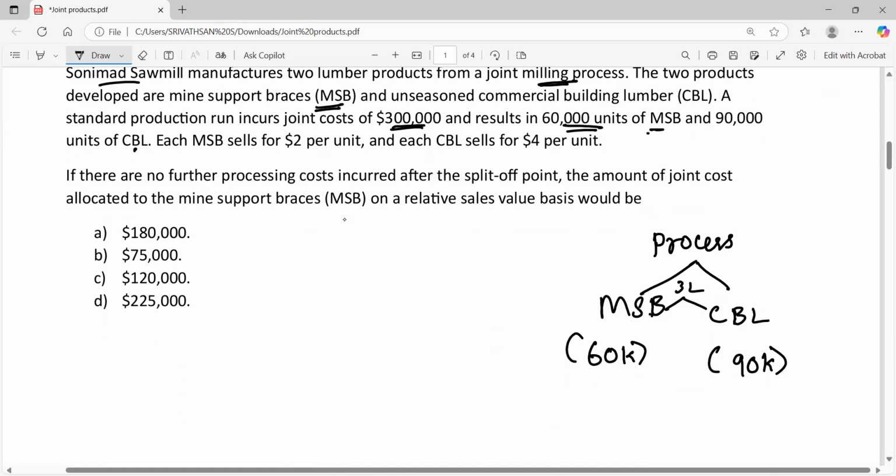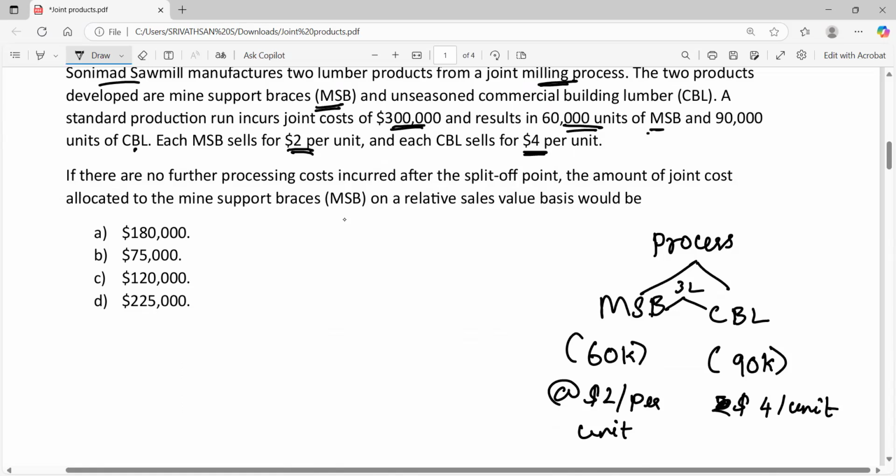Each unit of MSB can be sold at a price of $2 per unit, and each unit of CBL can be sold at a price of $4 per unit. So $2 per unit is the price at which MSB can be sold, and CBL can be sold at a price of $4 per unit.